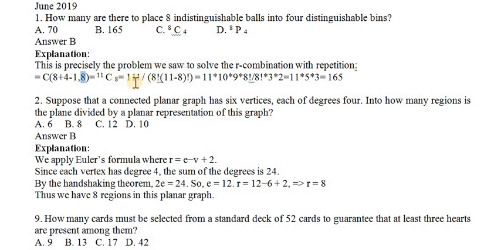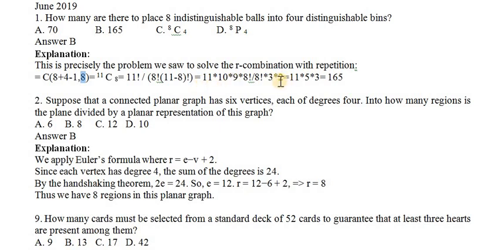Okay, so the formula is n factorial divided by r factorial into n minus r factorial. So 11 factorial divided by 8 factorial into 3 factorial. I can write 11 into 10 into 9 into 8 factorial divided by 8 factorial into 3 factorial, which is nothing but 3 into 2.